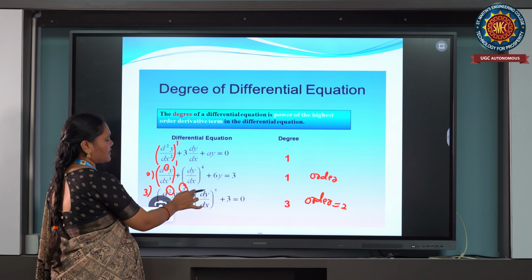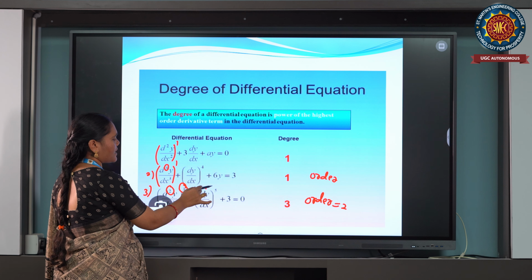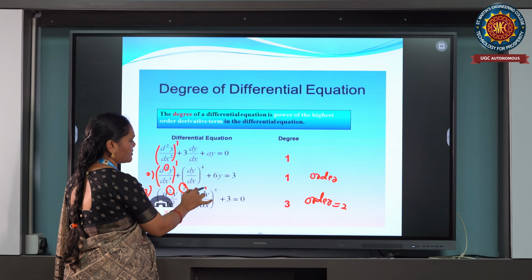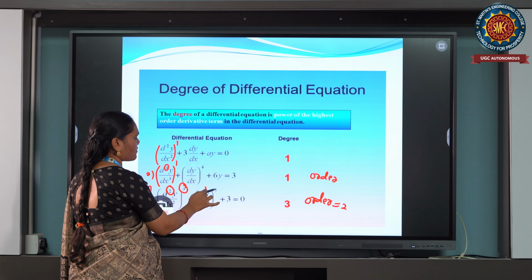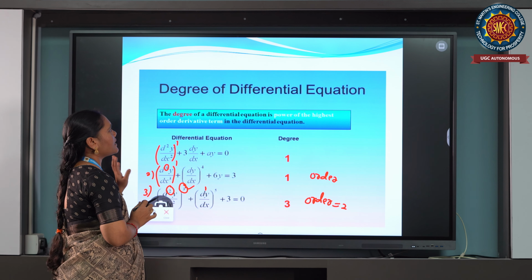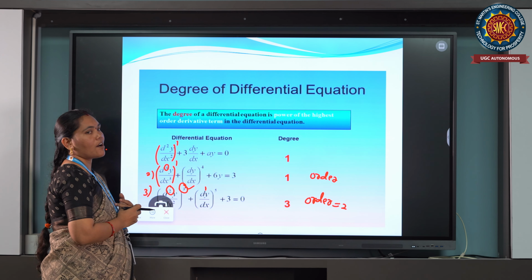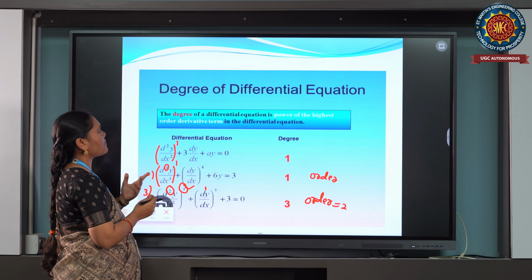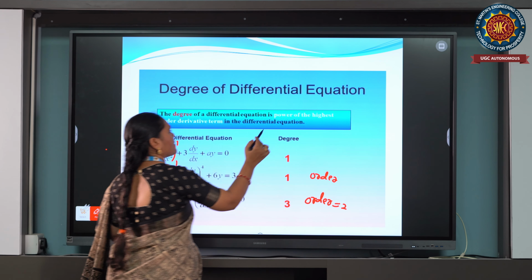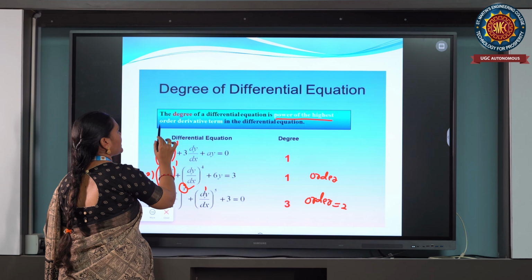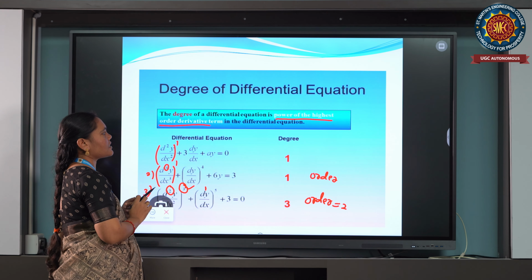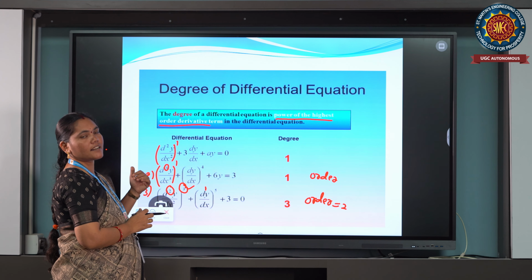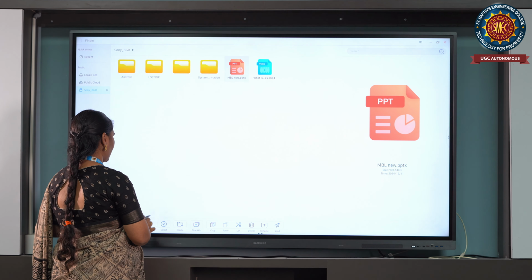But observe that dy/dx is order 1 only, with power 5. Here 5 is not considered as the degree of the differential equation. Here 3 is the degree. This is about the degree of differential equations. One more time, the definition of degree: the power of the highest order derivative term in the differential equation is the degree of the differential equation.